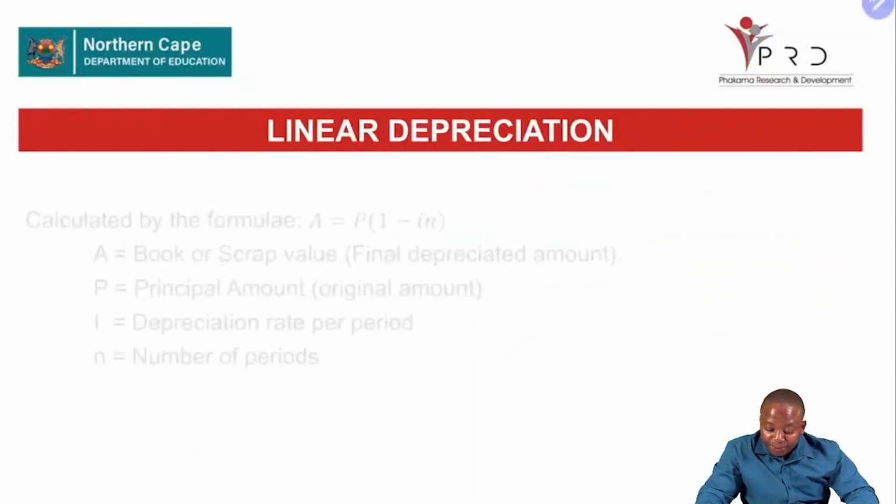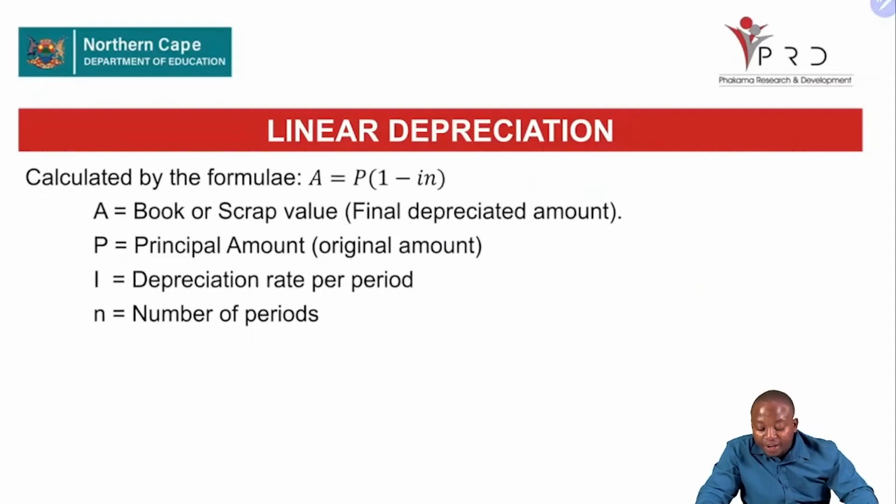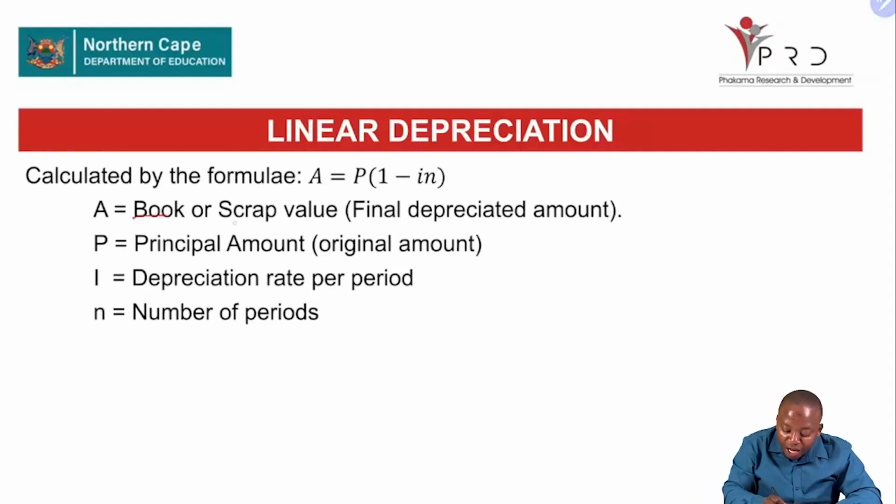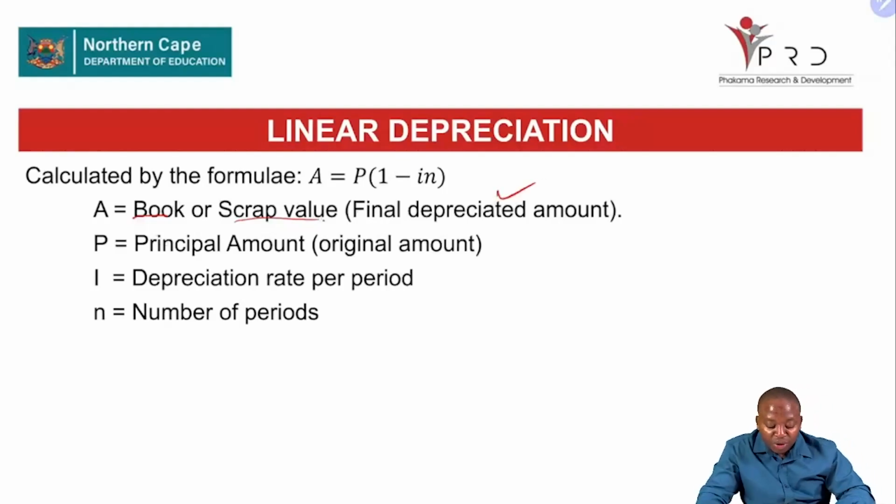So let's move on. How do we find linear depreciation? Our linear depreciation is calculated by the formula A = P(1 − i n), where A refers to our book value or our scrap value. So this is the final depreciated amount: after 5 years, how much does it worth?